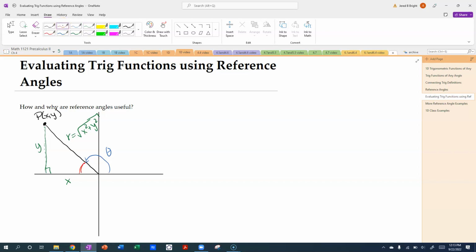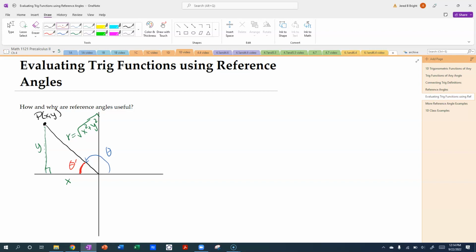But technically, if we want to do anything with trig functions, we would need this angle down here in red. What is that angle? We just talked about reference angles. This is the reference angle. So whenever we are evaluating the trig functions of any angle, we can use a triangular approach.